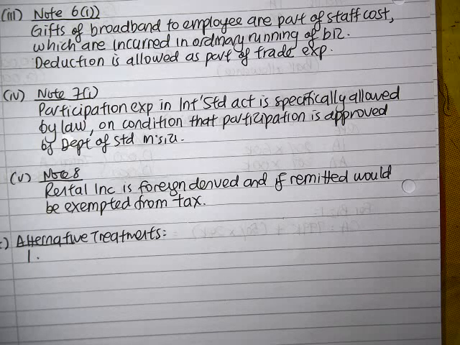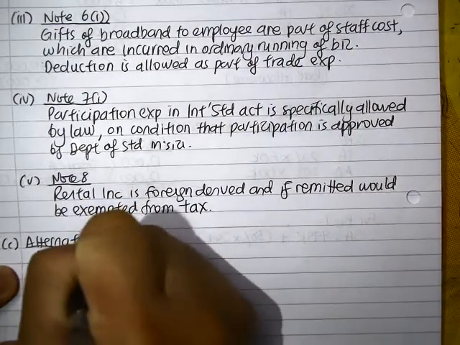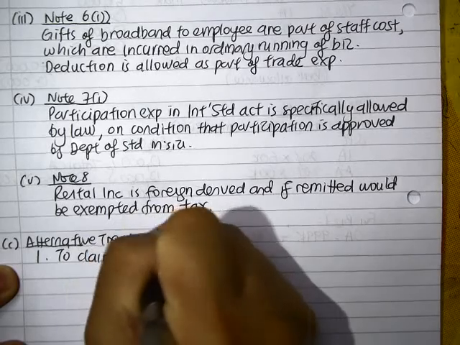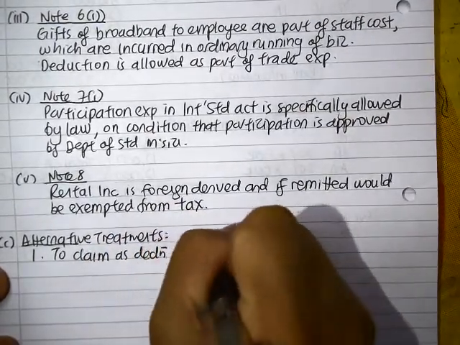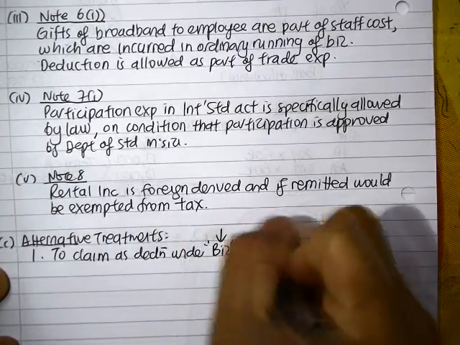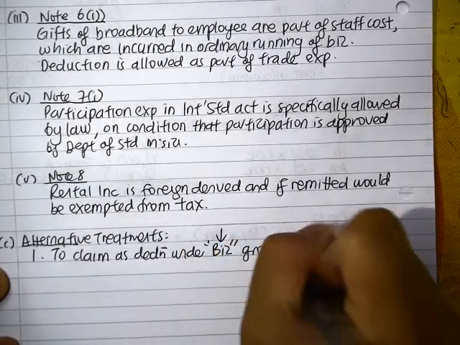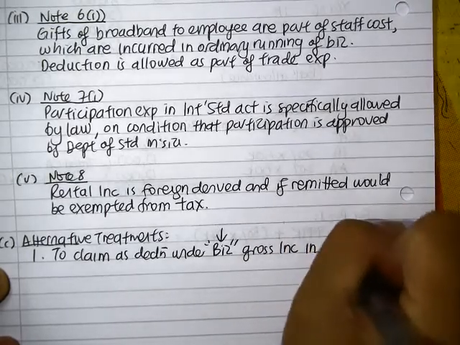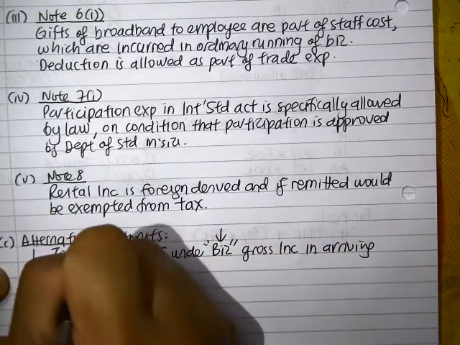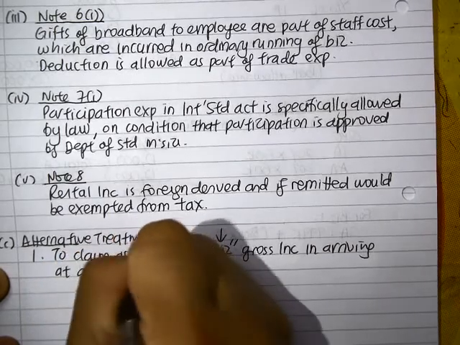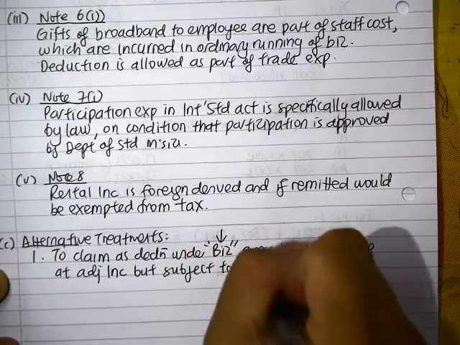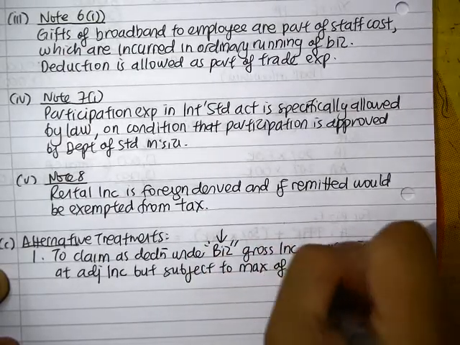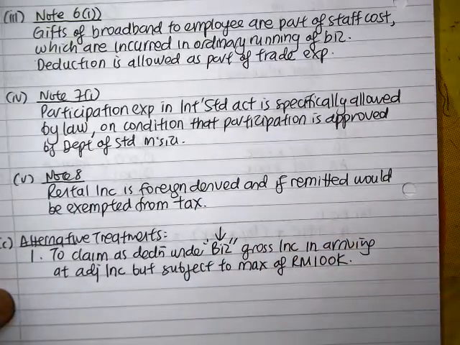Okay, after gross, before the adjusted. Now, so it's actually to claim as a deduction under business gross income in arriving at adjusted income, but subject to maximum of 100,000.